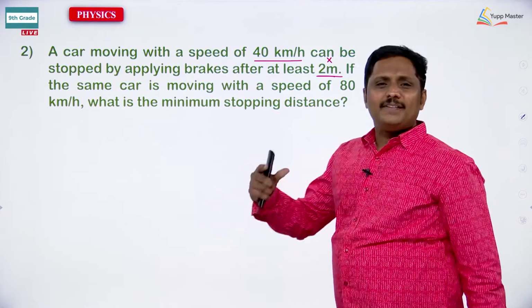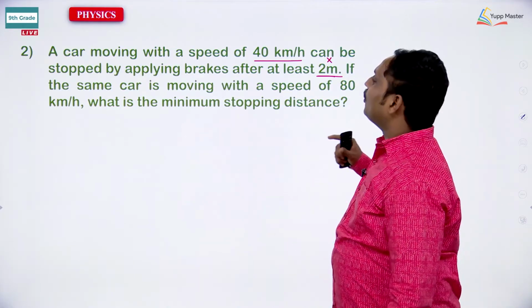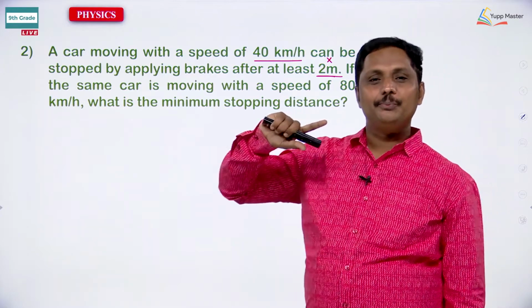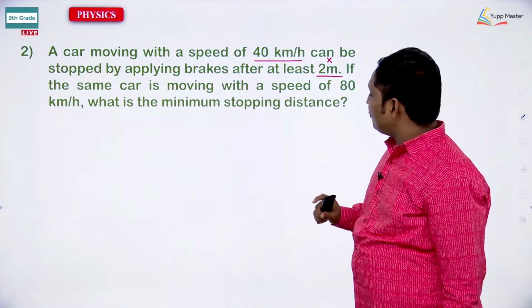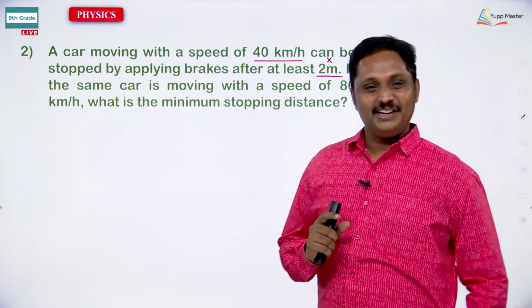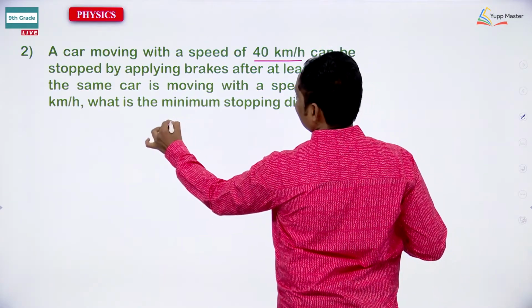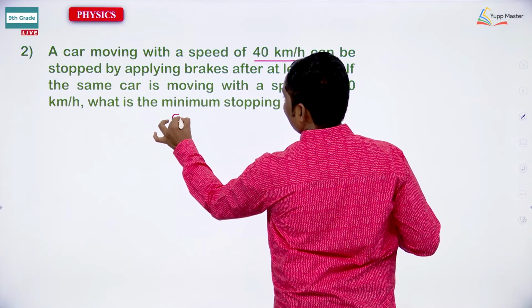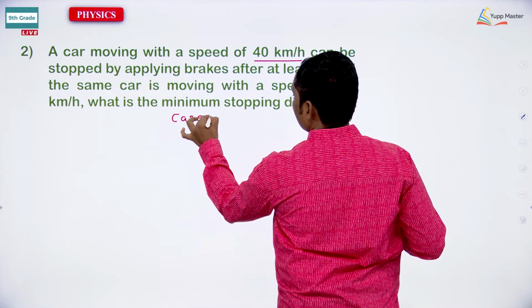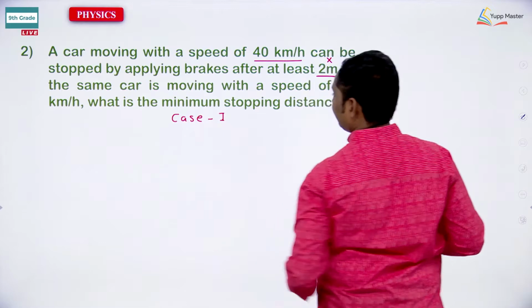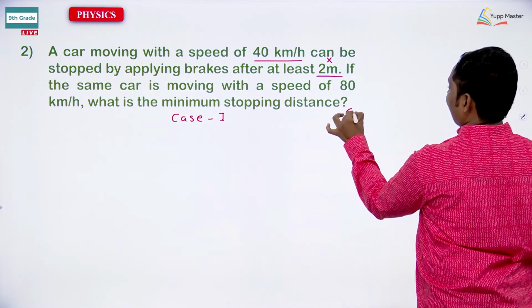If the same car is moving with a speed of 80 kilometer per hour, what is the minimum stopping distance? This is very clear. So you will take case 1, and case 2.